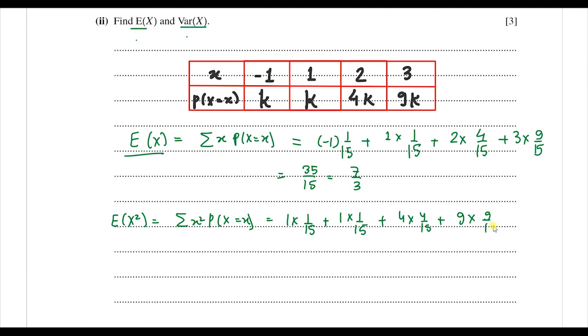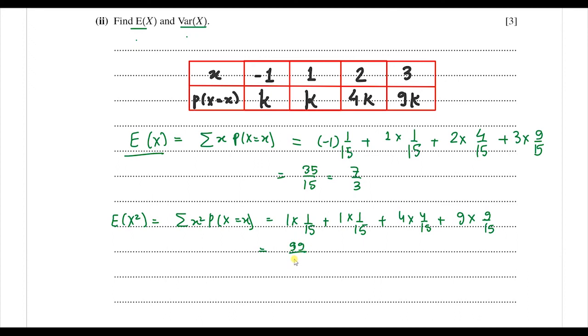If we solve, it is 1 plus 1, 4 4s are 16, and 9 9s are 81. So it is 97 plus 2, 99. So it is 99 over 15.